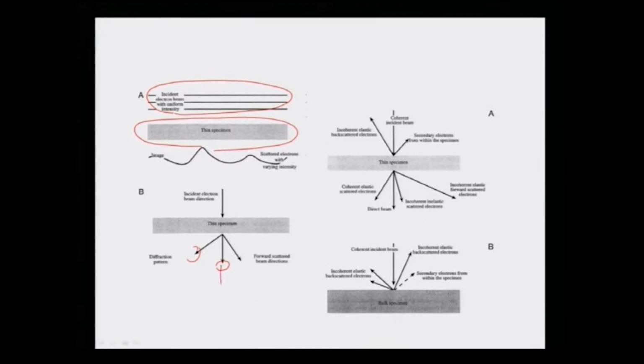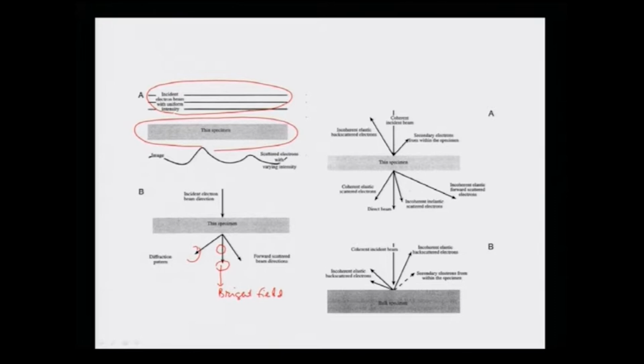In a normal transmission electron microscope, we can use the forward scattered or transmitted electron beam for a bright field image. This is done by putting a small aperture here. An aperture is nothing but a thin plate with a hole.